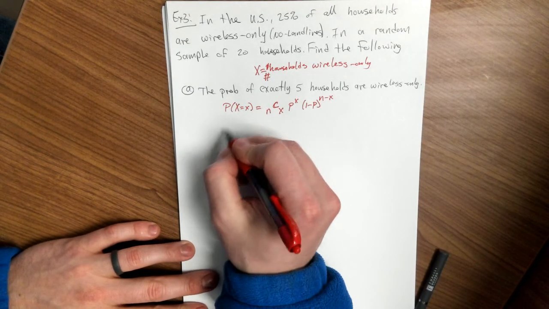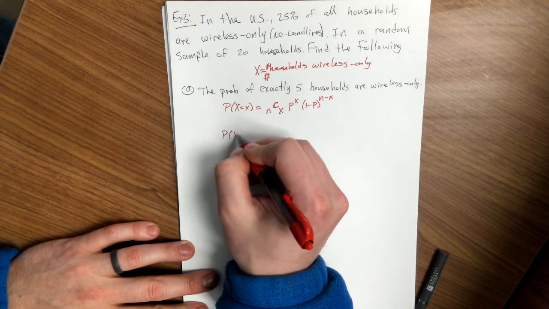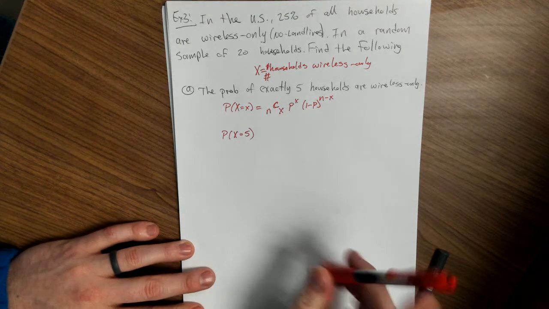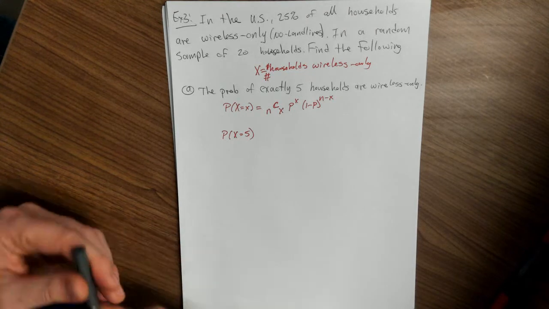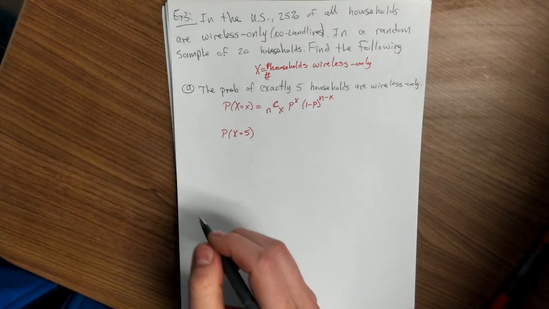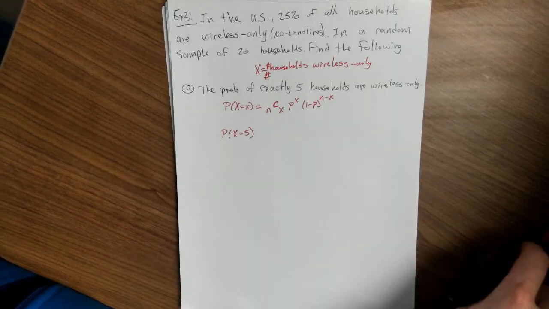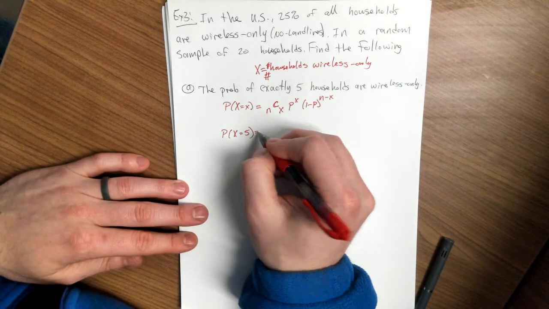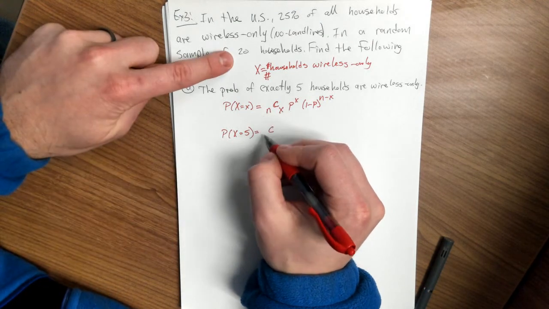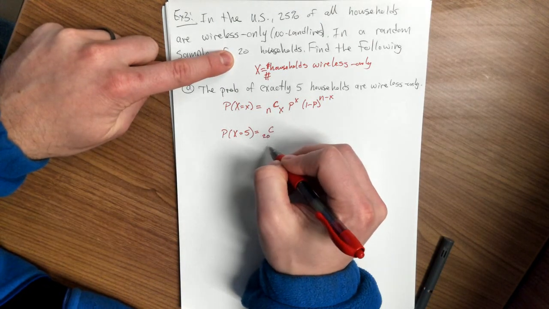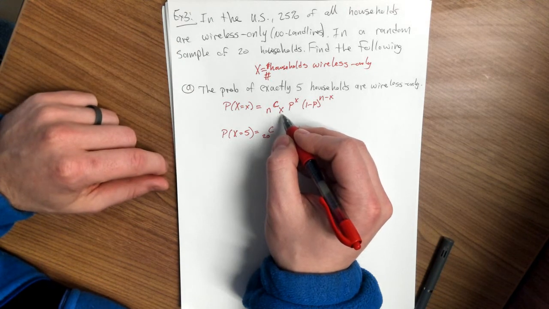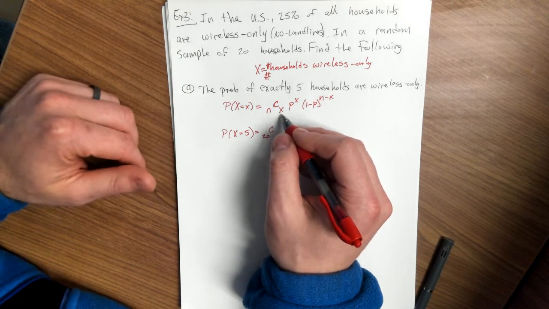You should have this memorized, and if not, memorize it soon. Alright, so here in this example, I'm looking for the probability that capital X is equal to 5. If you need to do a little side work to label what everything is, then go ahead. n is the sample size, 20. x is the number of successes that we're looking for, and you just need to read the problem to figure out what x is.